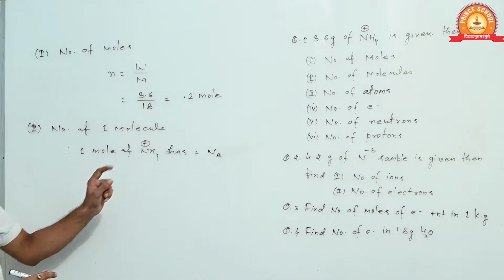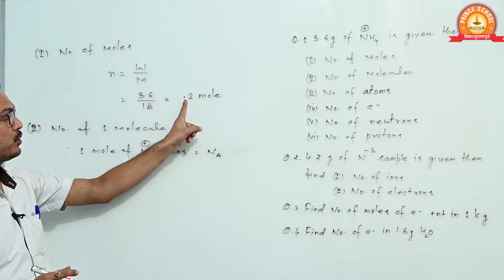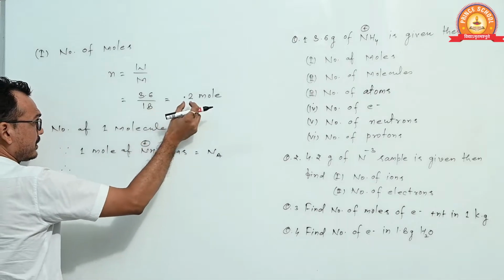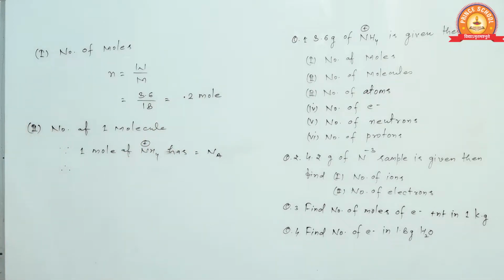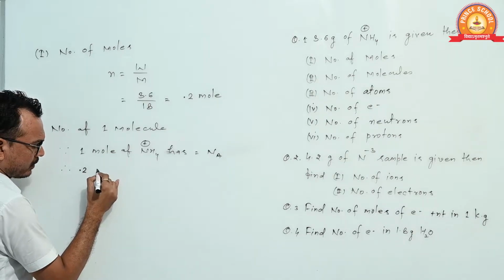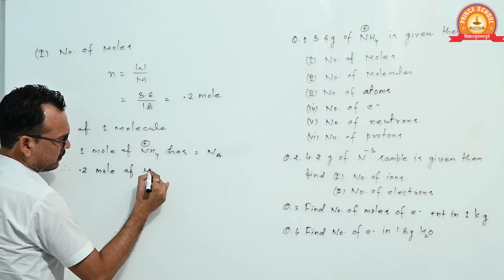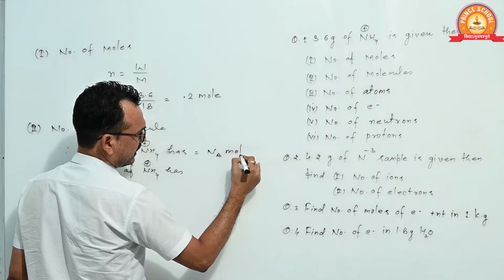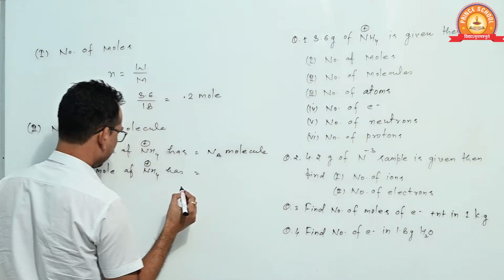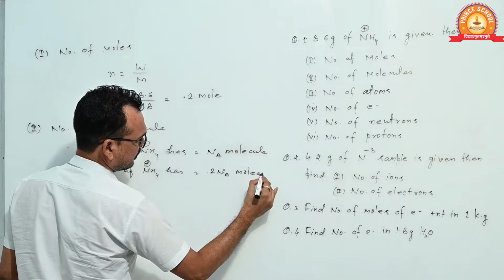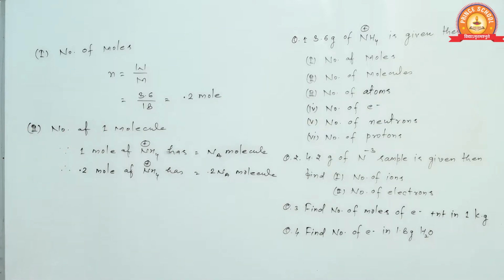In our question the mole is 0.2 mole. Suppose it is the cost of 1 pen, then what is the cost of 0.2 pen? So we multiply this value, so 0.2 mole of NH4 plus ion has 0.2 Na molecules. Is that clear?